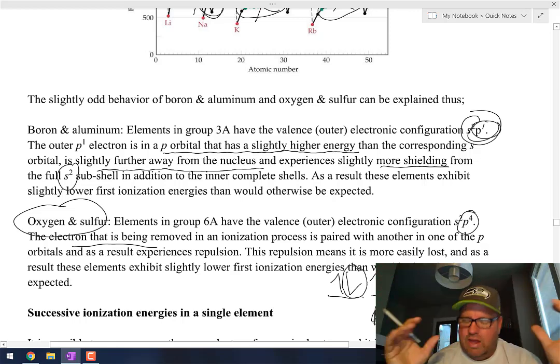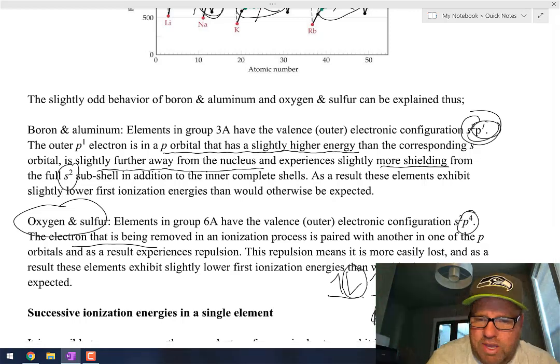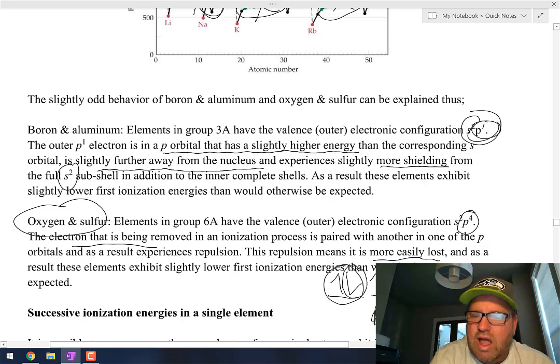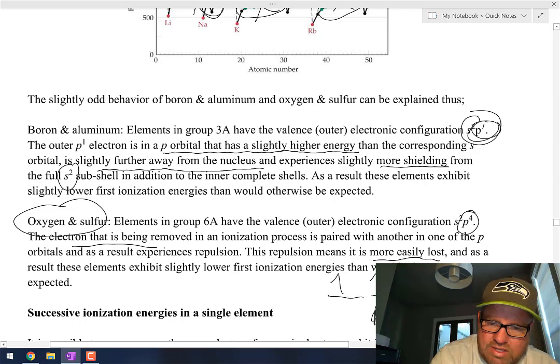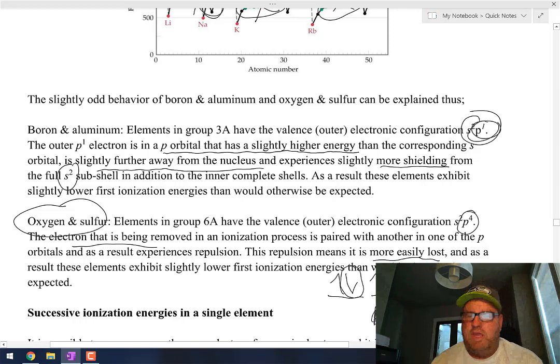And electrons, remember, do repel each other. So because these two electrons are paired up and they do repel each other a little bit, that electron is more easily lost than an electron, for example, that's all by itself in its own orbital. Those electrons are a little bit harder to lose, but now that you've paired it up, that one electron there is a little bit easier to take away because of that repulsion between those electrons.